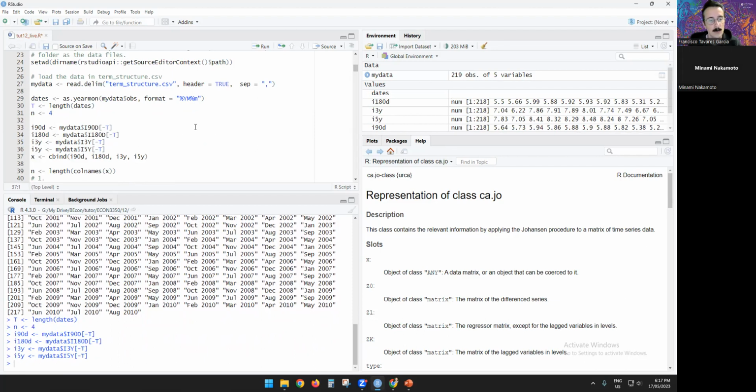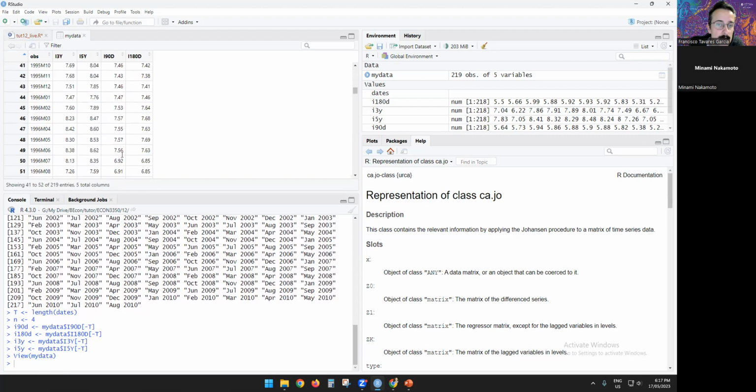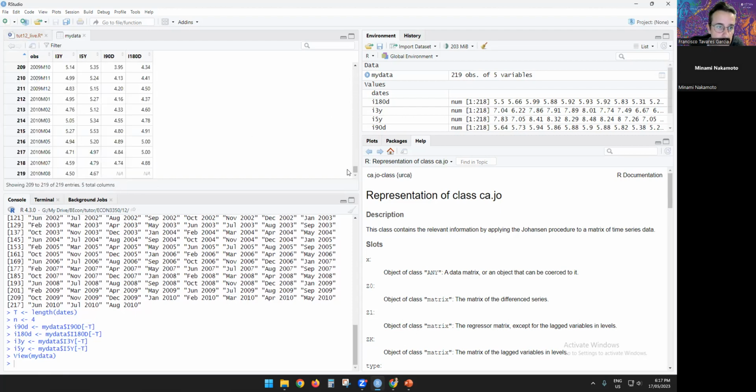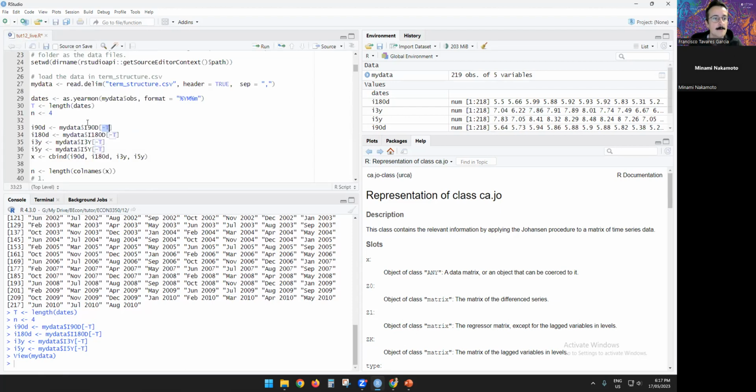So I90D or I180D, but we are subtracting the item in the T position, or 219, because it's missing in this last row. So we're just eliminating this line, which means when we run, you will see that we just have 218 lines.